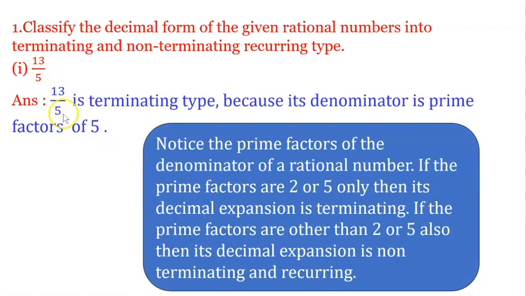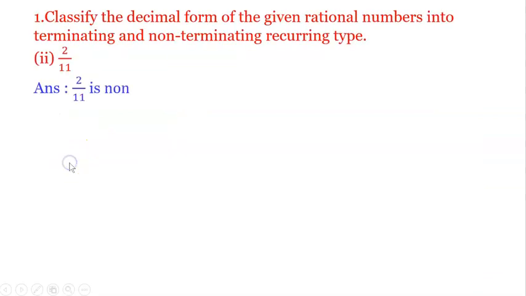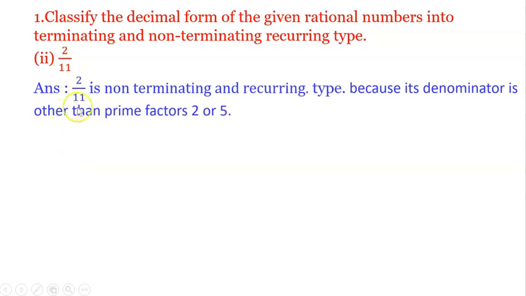Here 13 upon 5 is a terminating type because its denominator has the prime factor 5. Next, 2 upon 11. 2 upon 11 is a non-terminating recurring type because its denominator has prime factors other than 2 or 5.